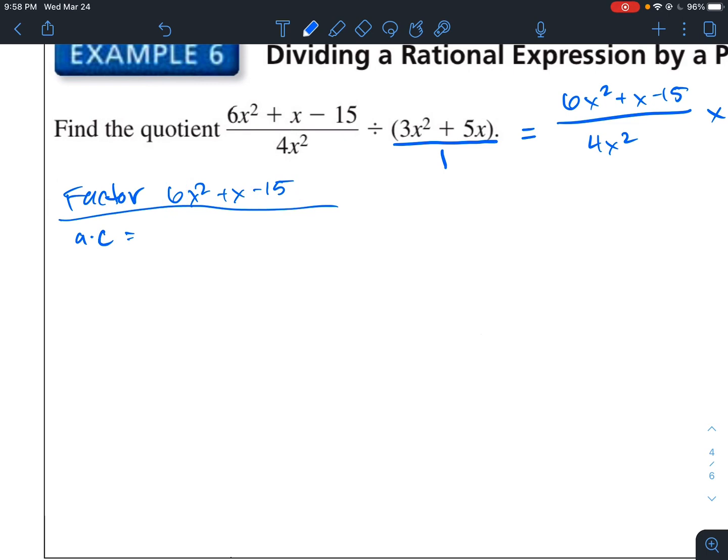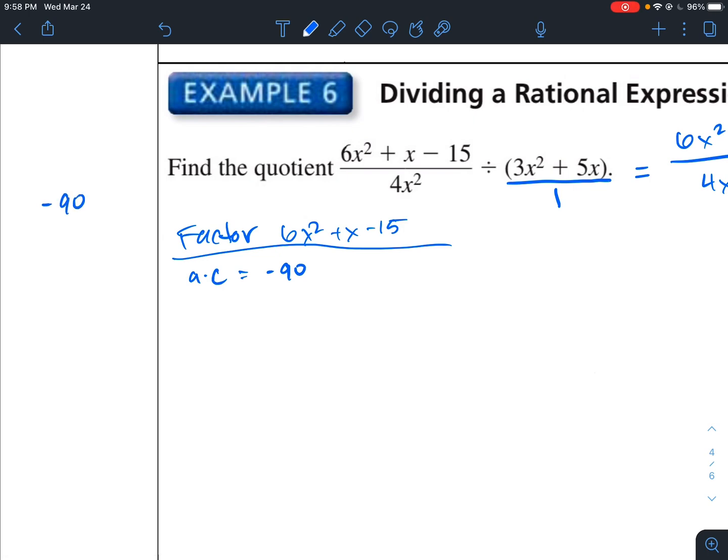So 6 times negative 15, that's going to be negative 90. So we need to find factors of negative 90 that add to be 1.